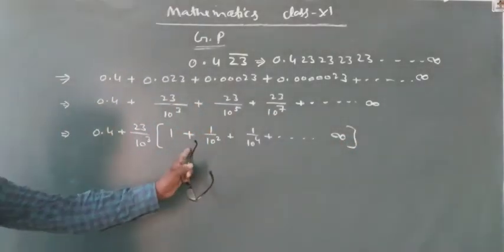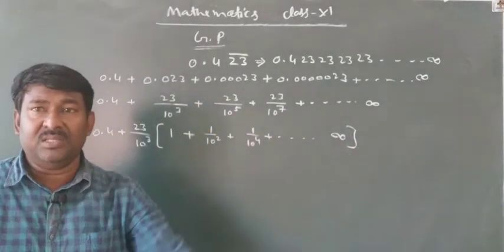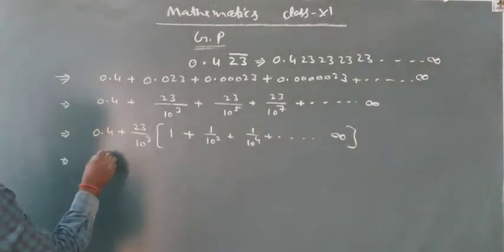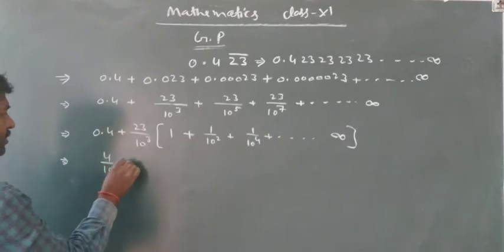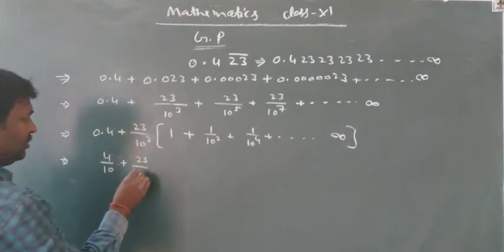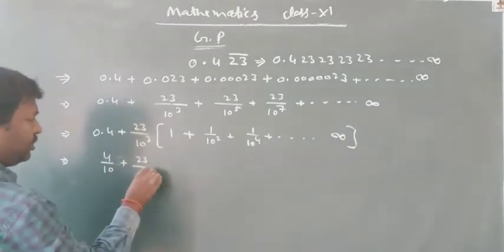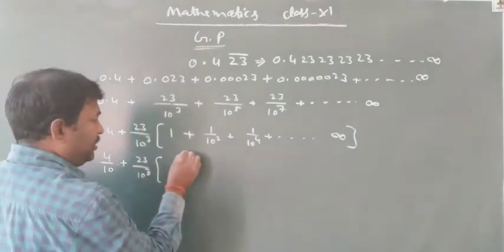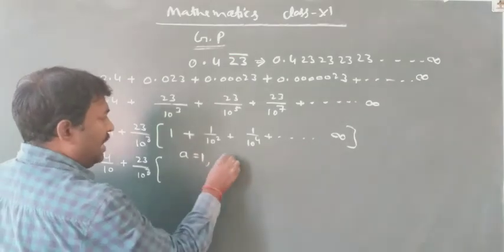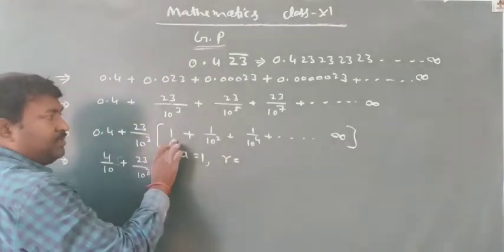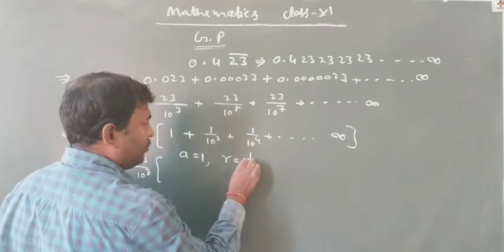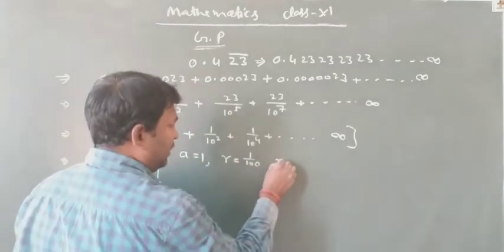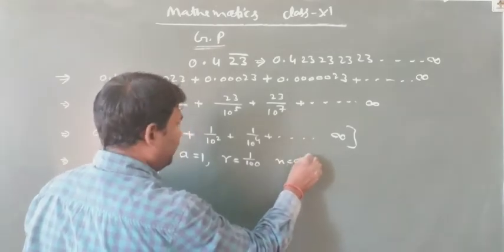Now this is the case of the sum of an infinite number of terms in GP. This 0.4 can be written as 4 by 10 plus 23 upon 10 power 3. Here this is a GP where a is 1, r is 1 upon 100, and n is infinite.